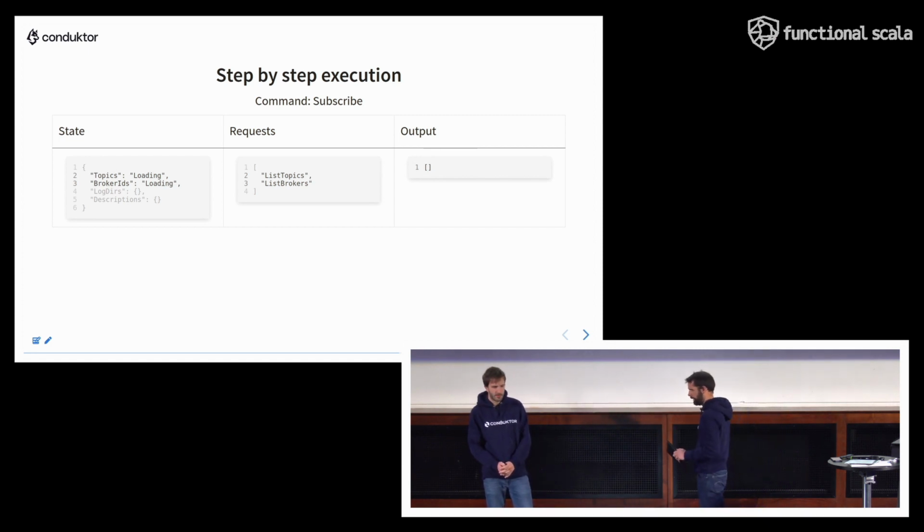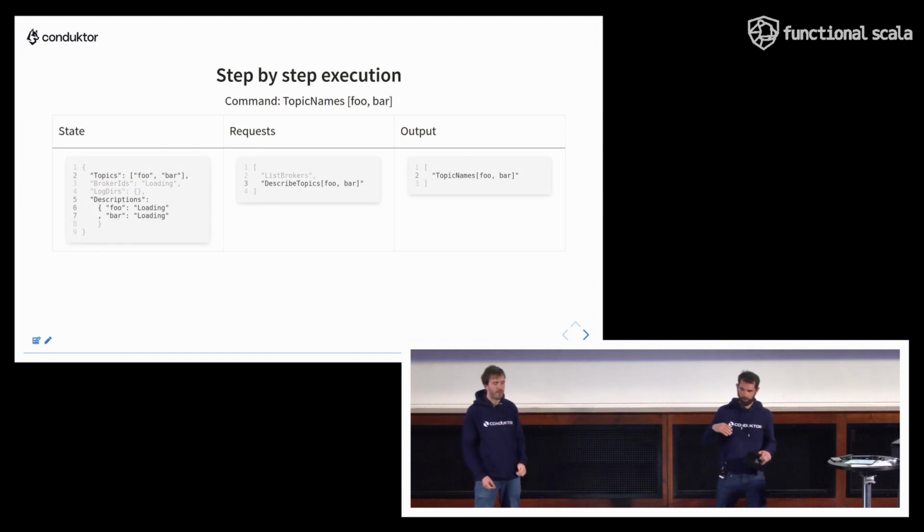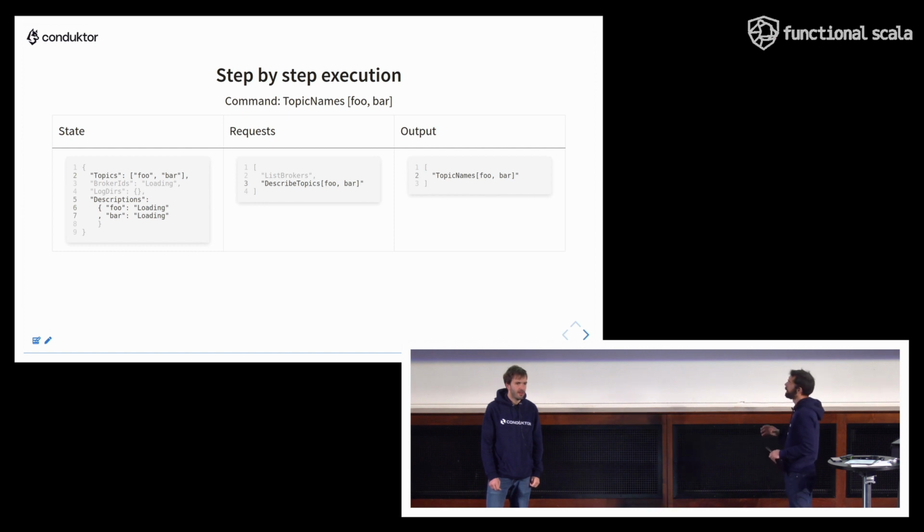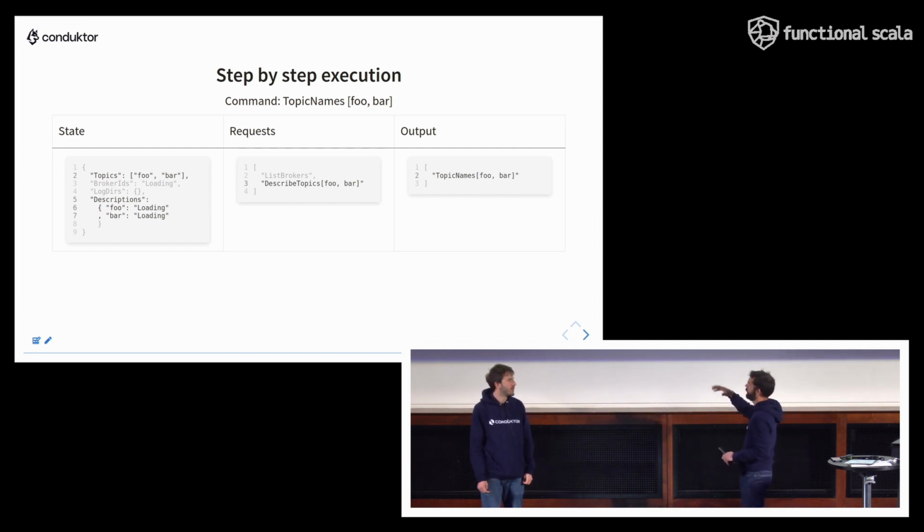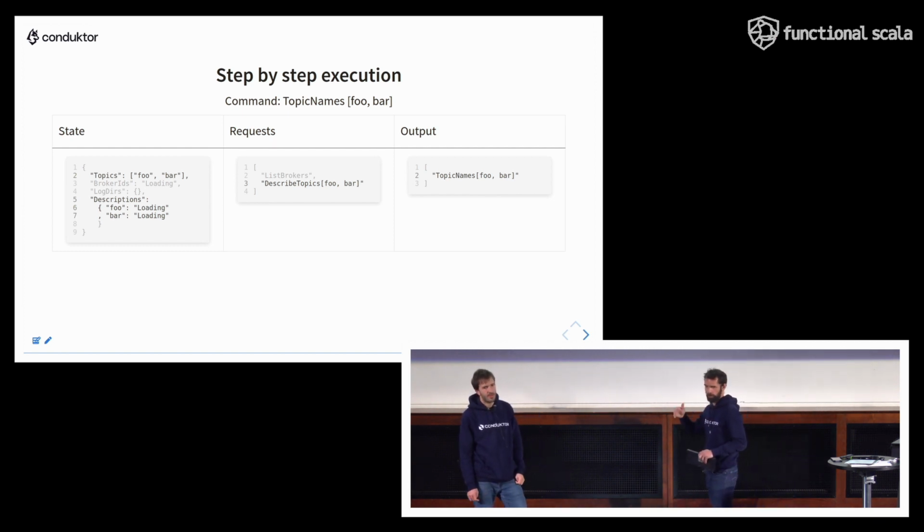There's nothing to send to the front end yet. And then come the topic names from the pending request to Kafka. So you are able to update your state with these new topic names, and then you will mark these topics as we are loading descriptions for them, so we keep that information in the state.